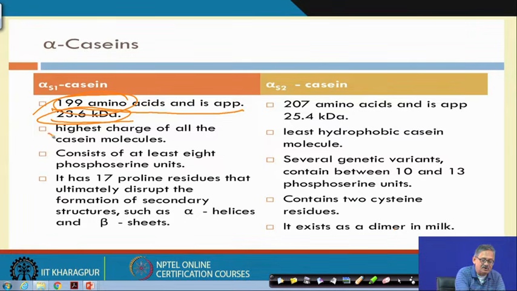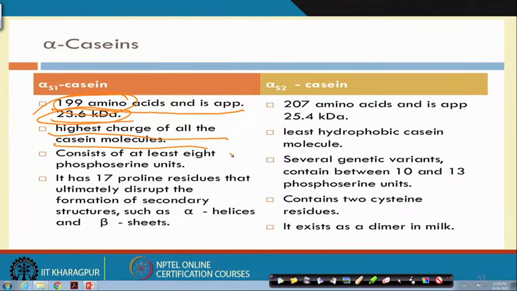It has the highest charge of all the casein molecules. So, it has maximum charge among all the casein molecules, and that is the reason why, as we said, freshly drawn milk may have some acidity, and some of that acidity may be imparted by these casein molecules, right.